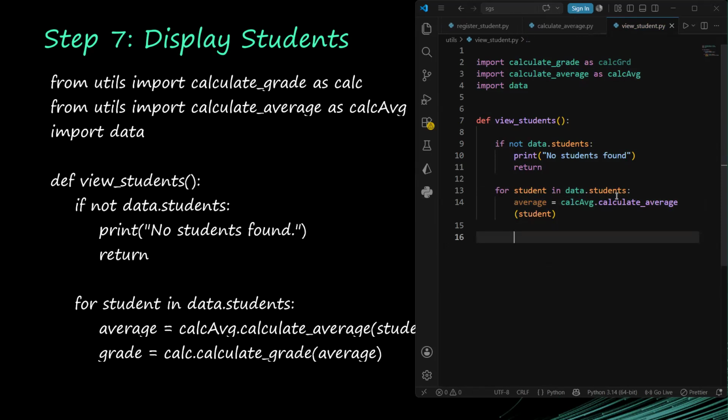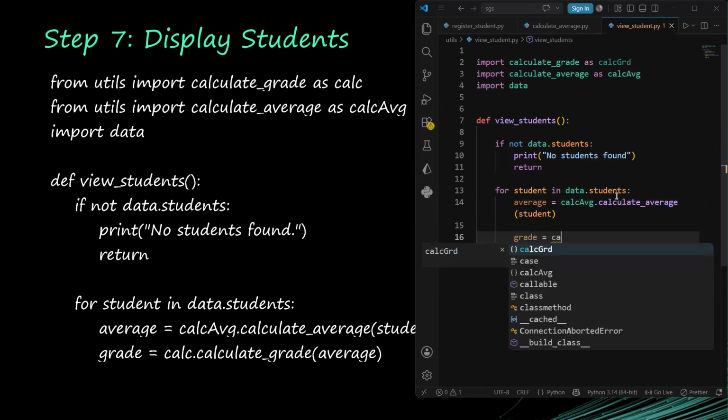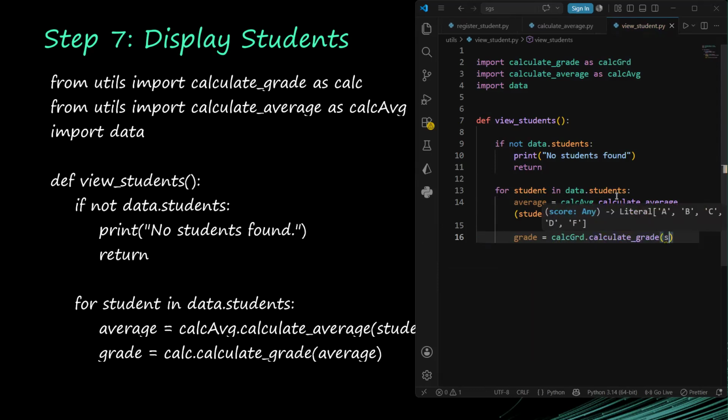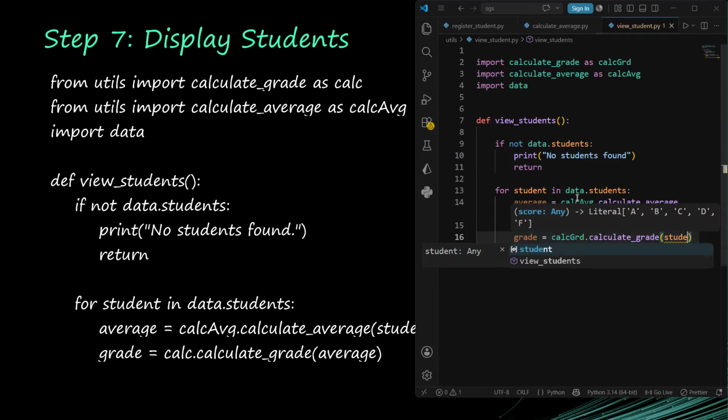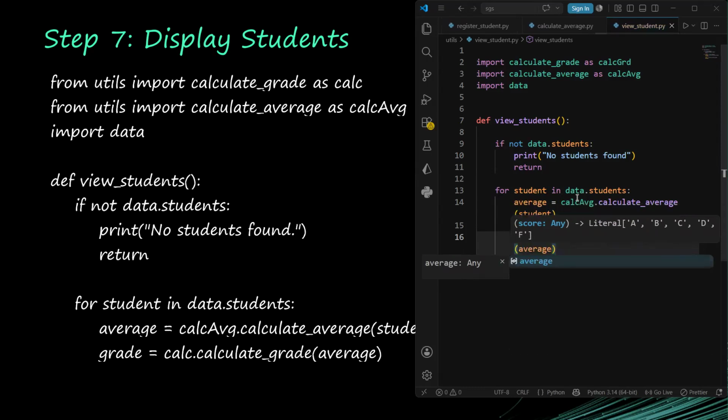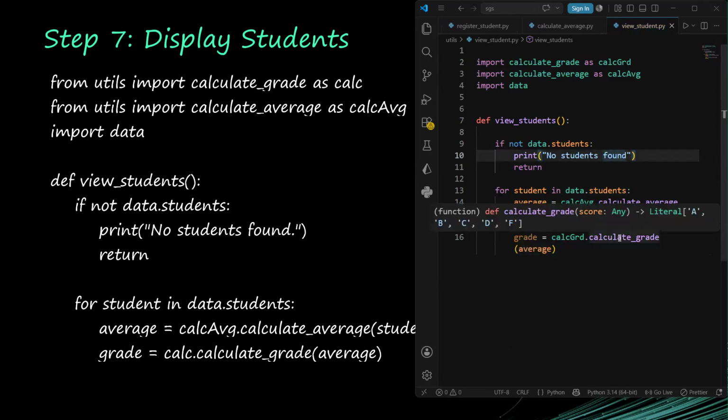And then the grade. Let's get the student's grade. I did it as calc grade dot calculate grade, and we'll pass in the student object. Oh, sorry, we'll pass in the average. So let's go back and check.